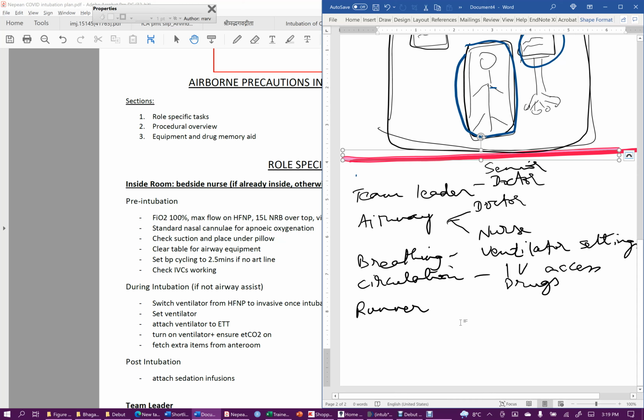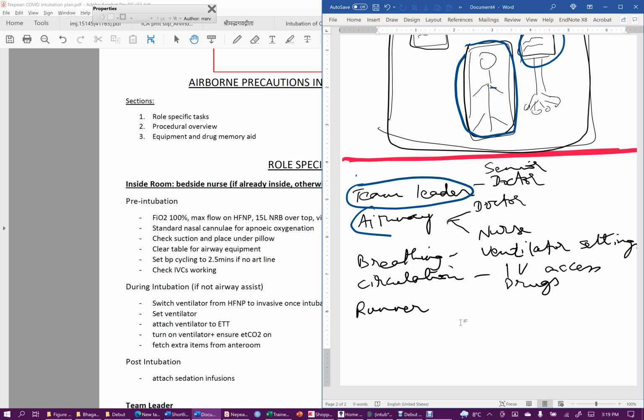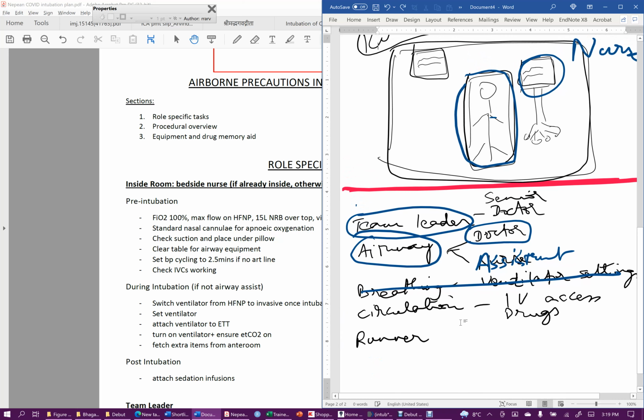We are going to keep a lean team. How many people will we need? Firstly, let's look at the tasks that are required. You need one team leader. You need two people for the airway: someone to intubate, and an assistant, who could be a nurse or a doctor, an airway assistant. Then breathing.